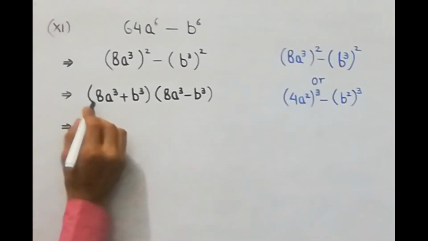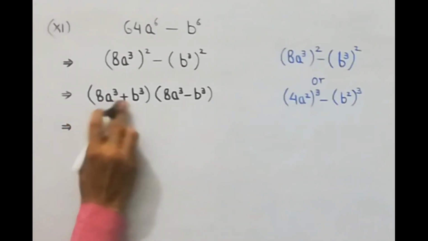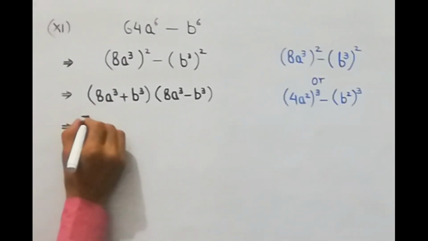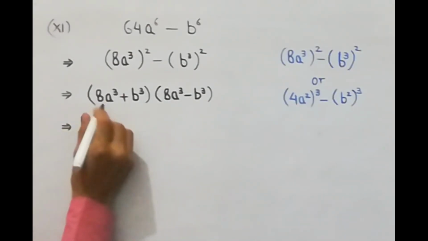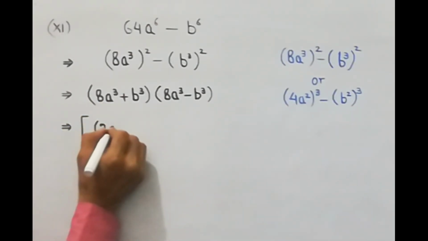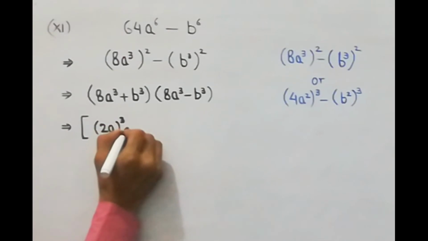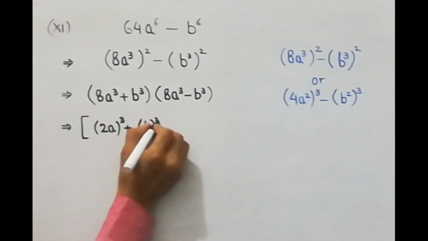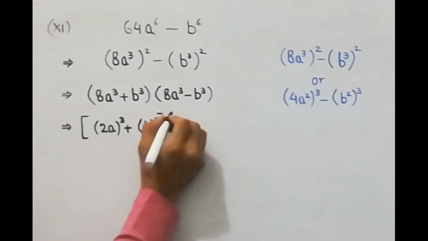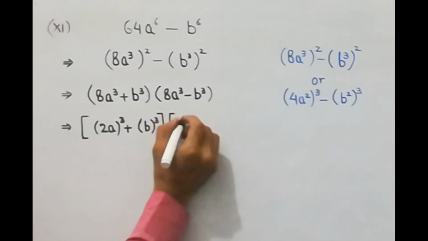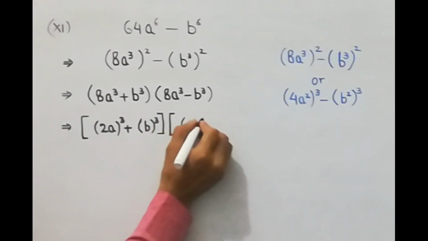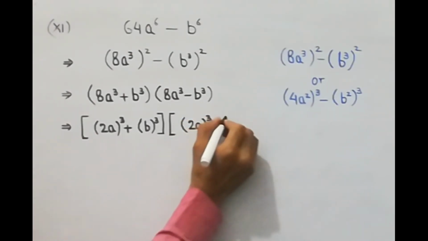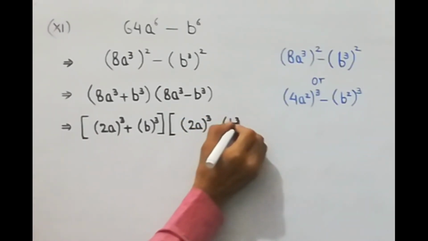Now you see in the first bracket, these two can be written like this, this as 2a cube and this one as b cube. In this you can write like this, 2a whole cube minus b cube.